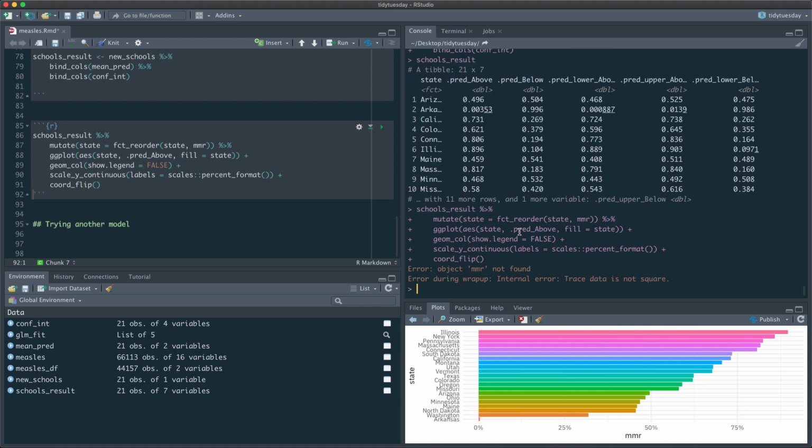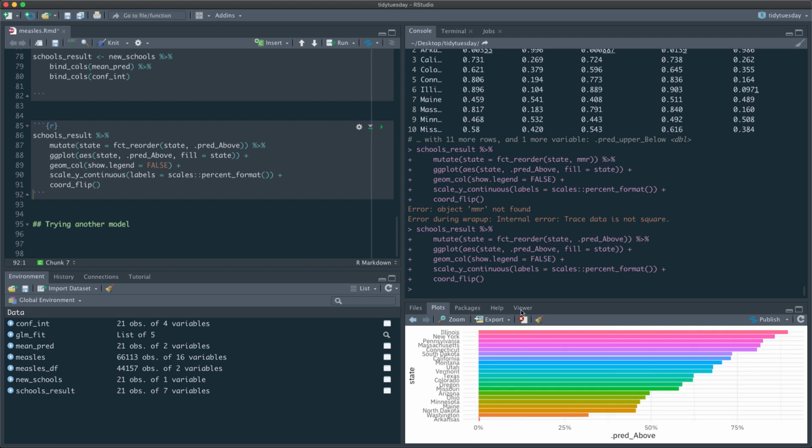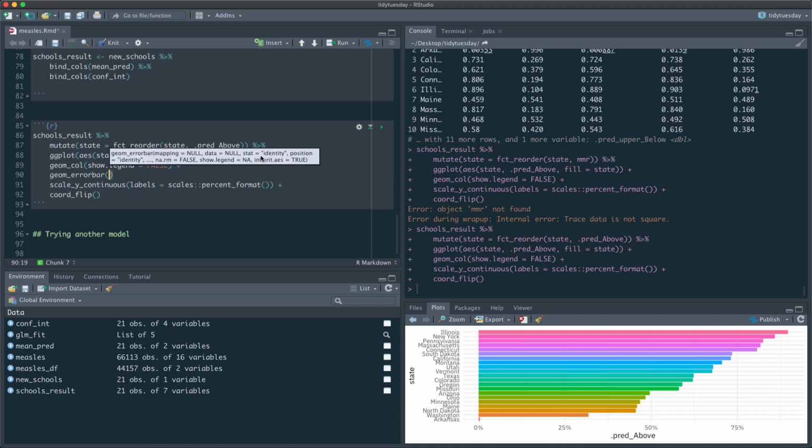Oh yeah, not MMR. Predict above like that. So this is good. And now what we are going to do is add, let's add it on top of the columns. Let's add error bars. And we're going to just put them on top of that column.